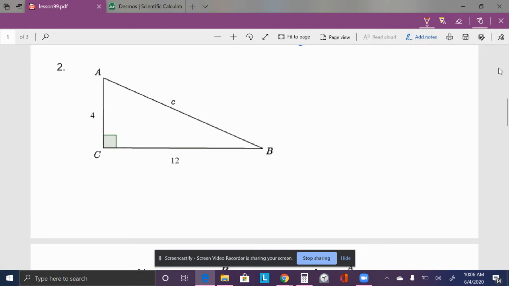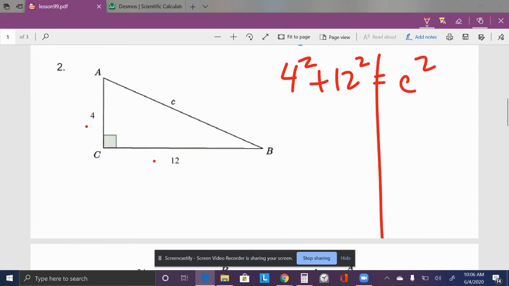So we know the legs are 4 and 12, so 4 squared plus 12 squared equals C squared. 4 squared is 16. 12 squared is 144. 16 plus 144 is 160.